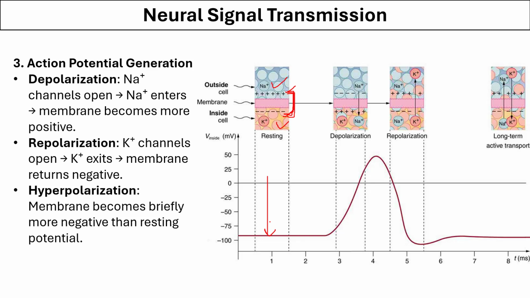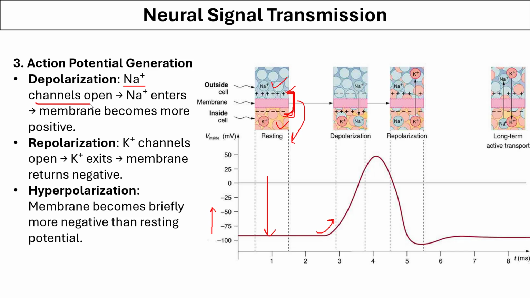Now let's say a stimulus is received and the inside environment becomes less negative. So as you can see along this axis, we are becoming less negative. That means the sodium starts to flow inside the cell, making the internal environment less negative. Now let's say this stimulus is strong enough and it has crossed the threshold. Then what happens? Sodium channels will open.